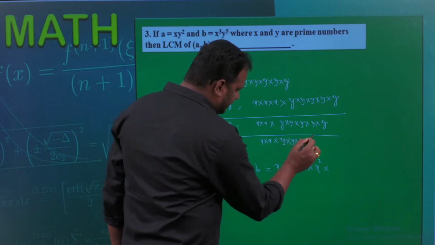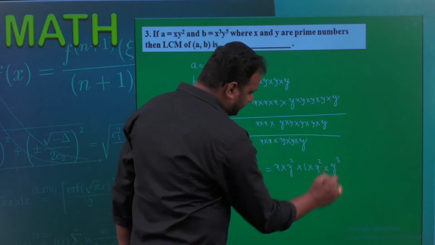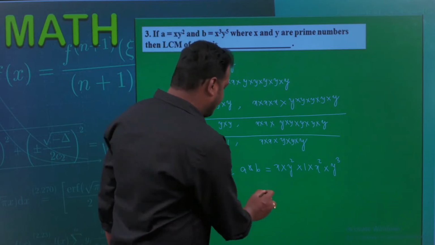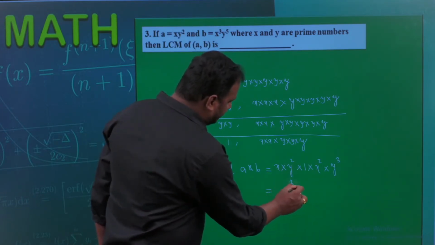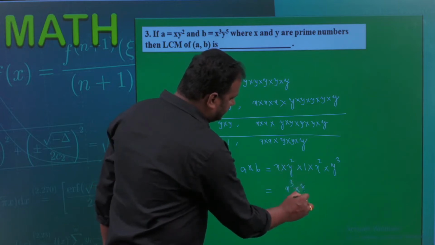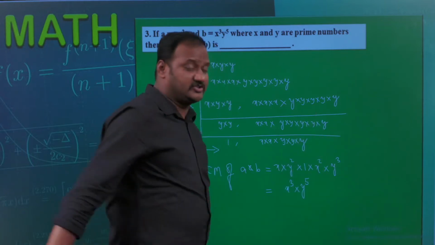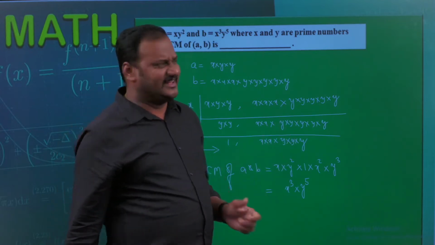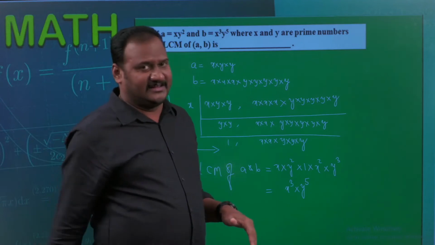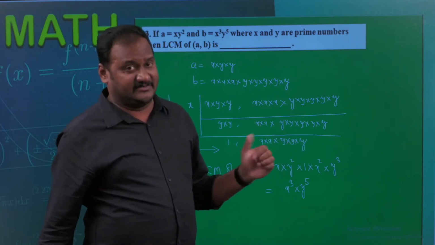Into y is equal to y cube. So finally, what are you getting? You are getting x into x square is equal to x cube, into y square into y cube is equal to y to the power of 5. So x cube into y to the power of 5 is the LCM of these two numbers. This is the general method to find the LCM of the given numbers.